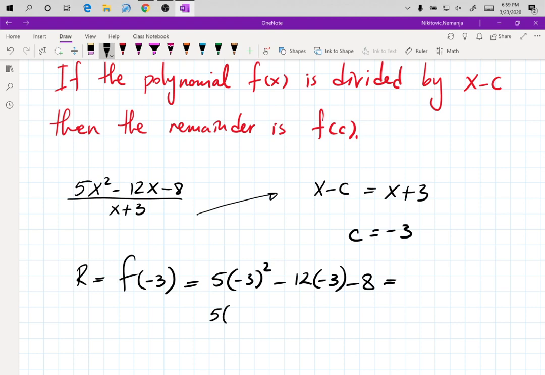So we have 5 times 9 plus 36 minus 8. 5 times 9 is 45, and 36 minus 8 is 28. 45 plus 28 is 73. So the remainder better be positive 73 when we did the synthetic division.